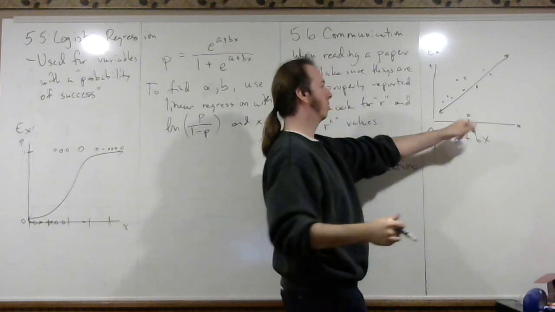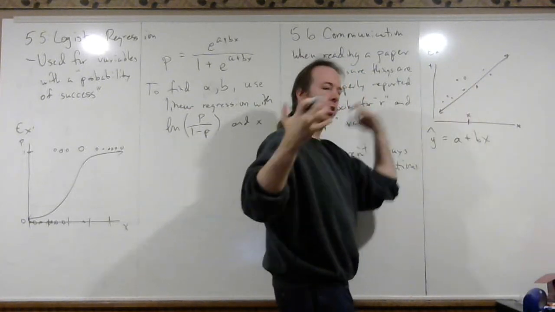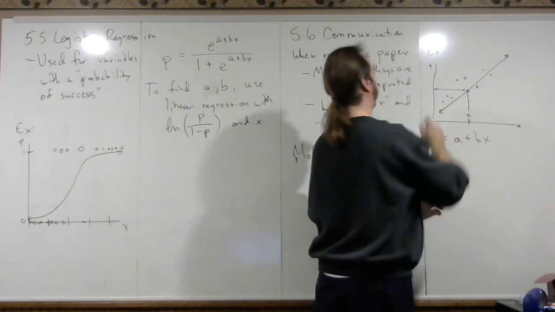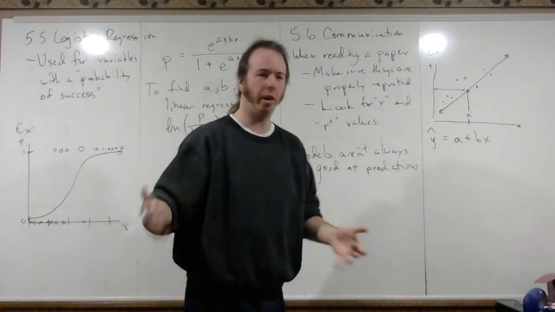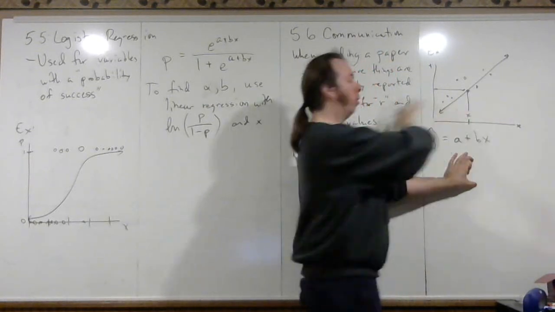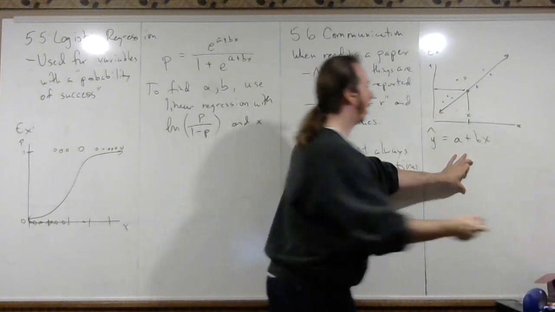If my x is sort of in the middle of the rest of the data, then that'll work okay. I'll just go up and get the corresponding y value, and that'll be a decent estimate. We want to be very careful, though, when we're going outside of the range of the data we've already got.